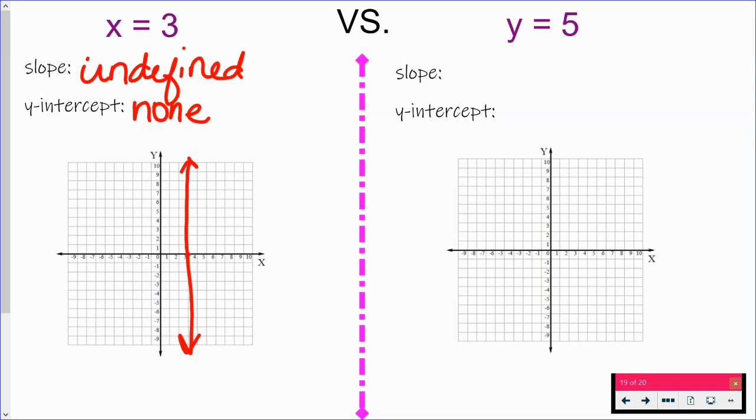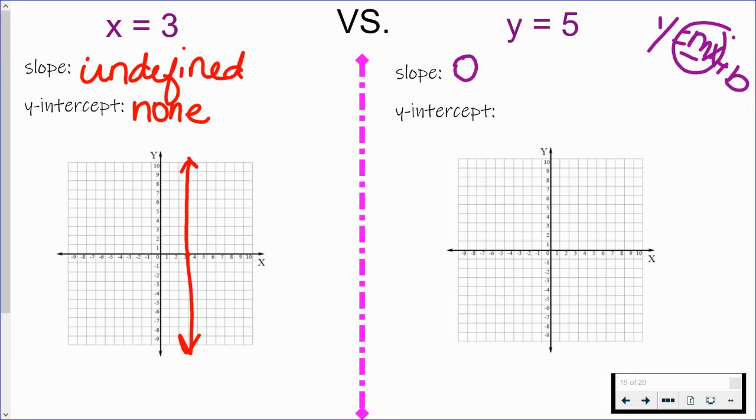But when you have y equals just a number, you don't have a slope because in y equals mx plus b, the m is your slope. But if you notice, you're missing that whole term, which meant that x was 0. The slope was 0 because it canceled out the x. So anytime it's going to be a 0 slope.